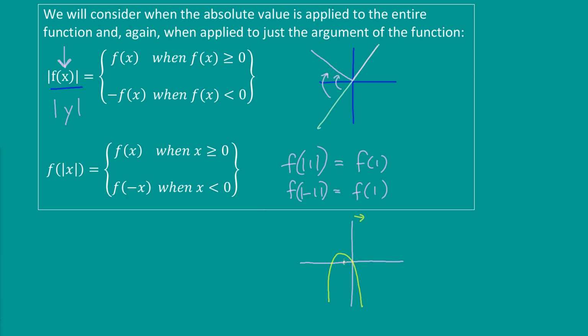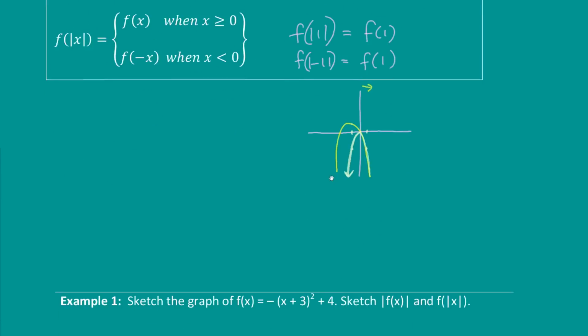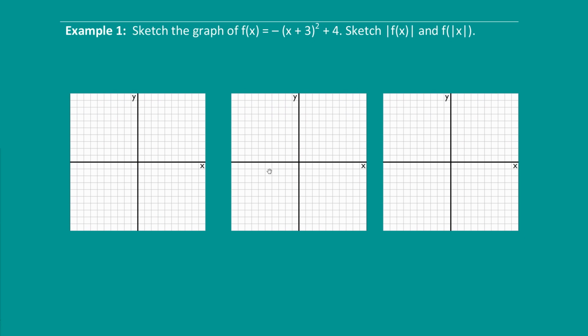So if I go to x equals -1, I know that my f of -1 is up here. But my f of +1 is right here. So it's going to be a reflection of that. What this is going to do is take all of the points that are on the right side of the y-axis, and reflect them across that axis. So it's going to become a reflection of these points, like so.